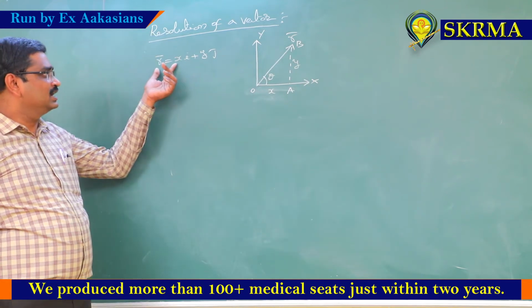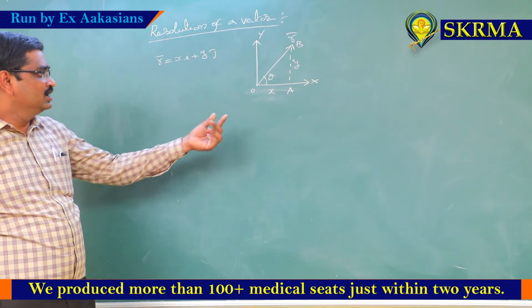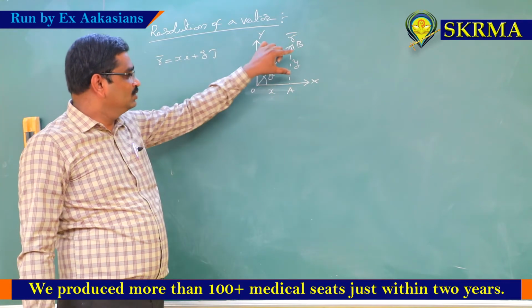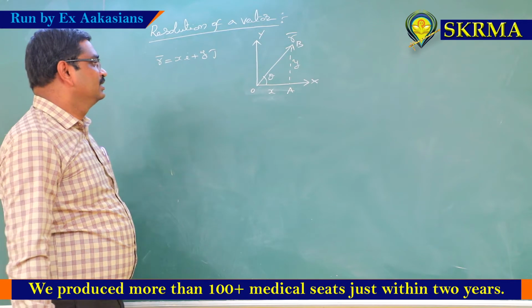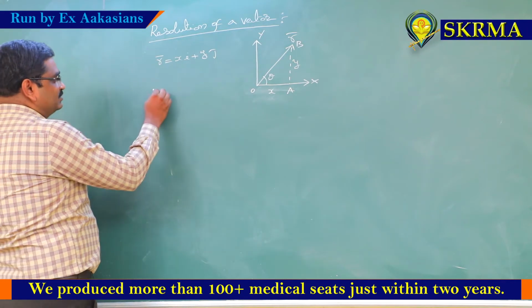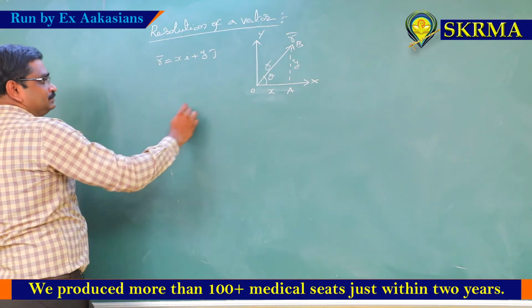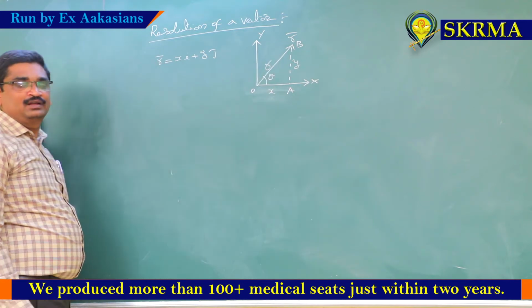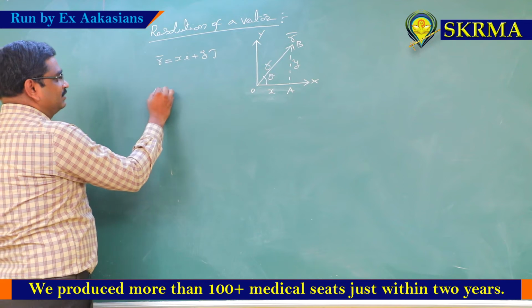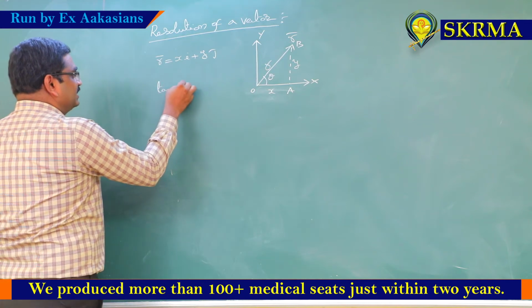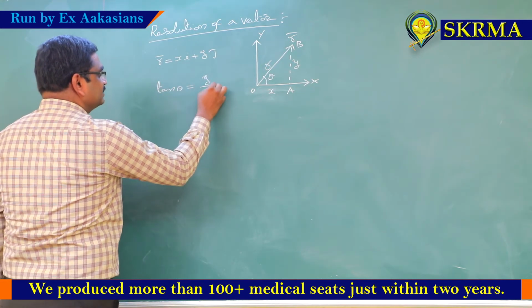I am just assuming that r bar equals xi plus yj. Now from this diagram, what is tan theta? This is r. From this diagram, simply tan theta equals y by x.